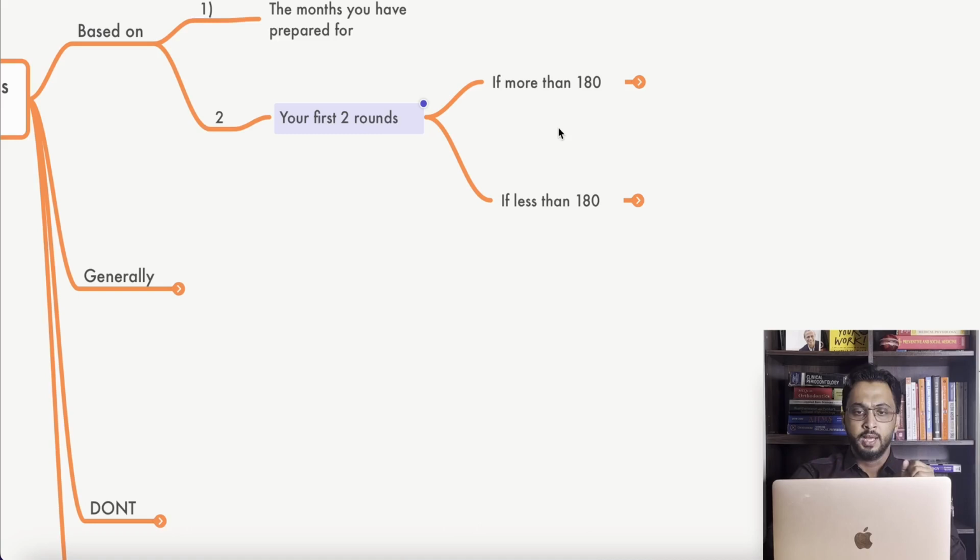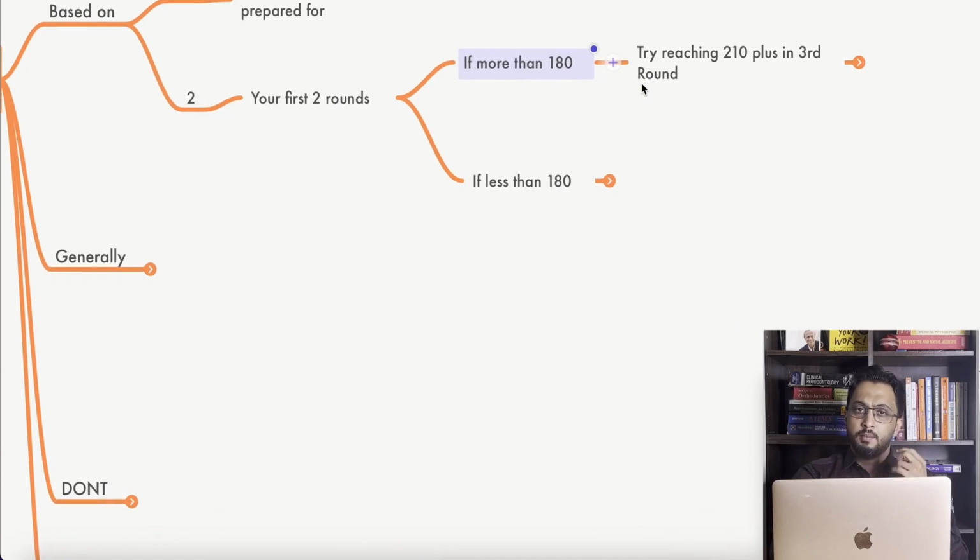But in general, if you have attempted more than 180 questions in the first 2 rounds, first and second round, not the first round alone, meaning moderate to easy questions are more than 180, then try to reach that 210 plus mark in the third round, not the fourth round.